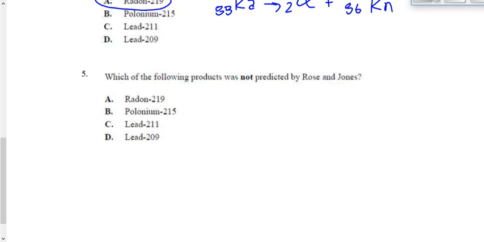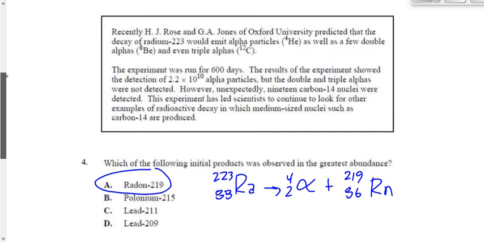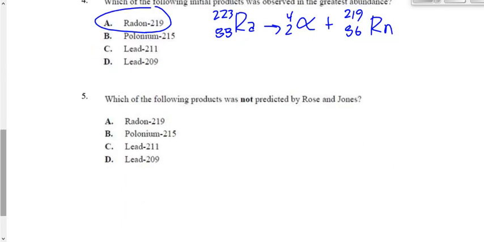Which of the following products was not predicted by Rose and Jones? So here we're going to say, let's say we start out with radium-223. Radon-219 was predicted, right? So that's not going to be an answer because that was predicted. In fact, that's what we get the most of. Radium-223, let's say we're producing a double alpha.